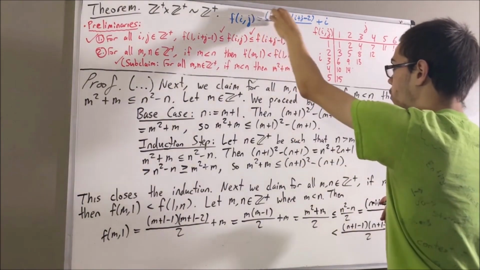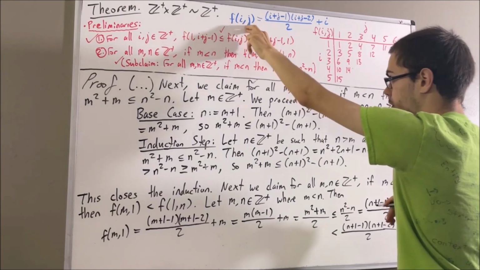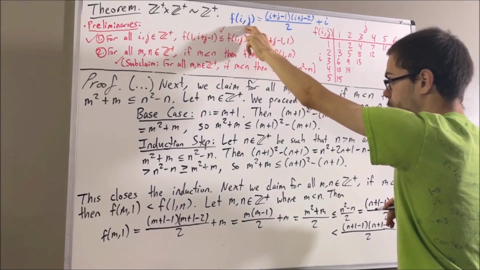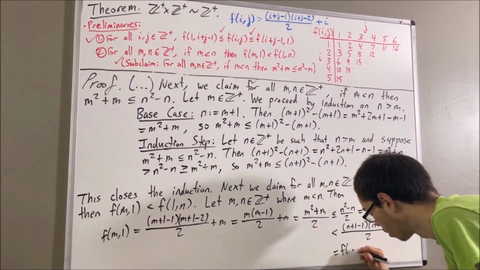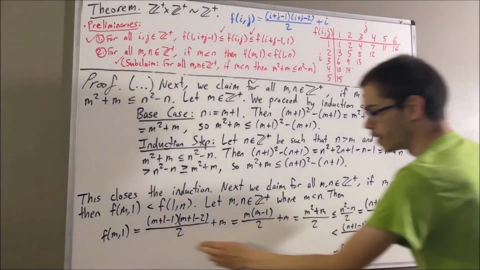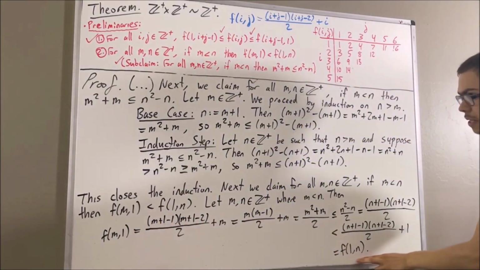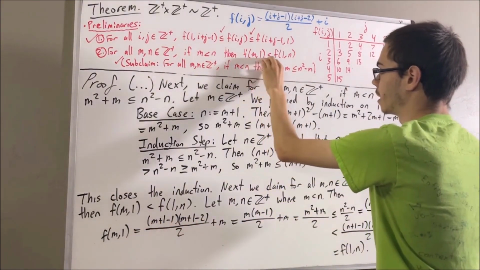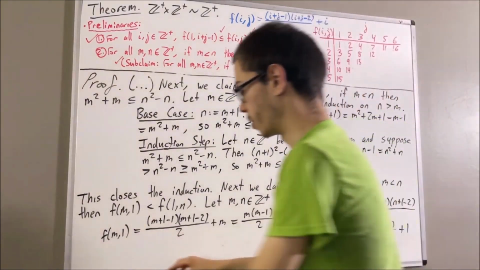If you apply the formula of f, replacing everywhere you see an i with a 1 and everywhere you see a j with an n, you have that f of 1 comma n is equal to this. Therefore, f of m comma 1 is less than f of 1 comma n, which is exactly what we wanted to prove. So this proves claim number 2.